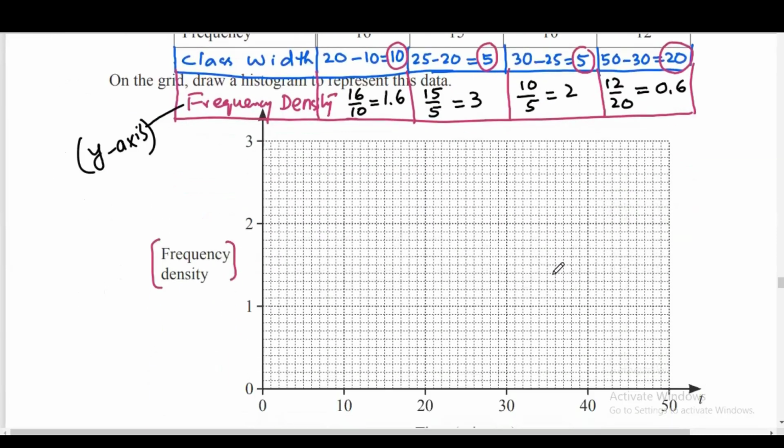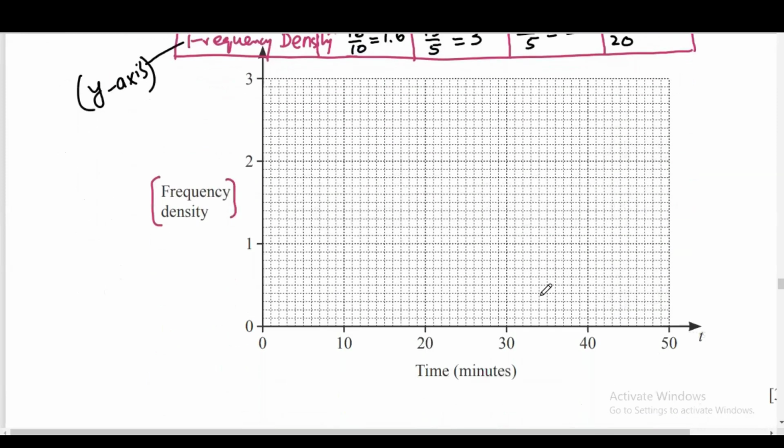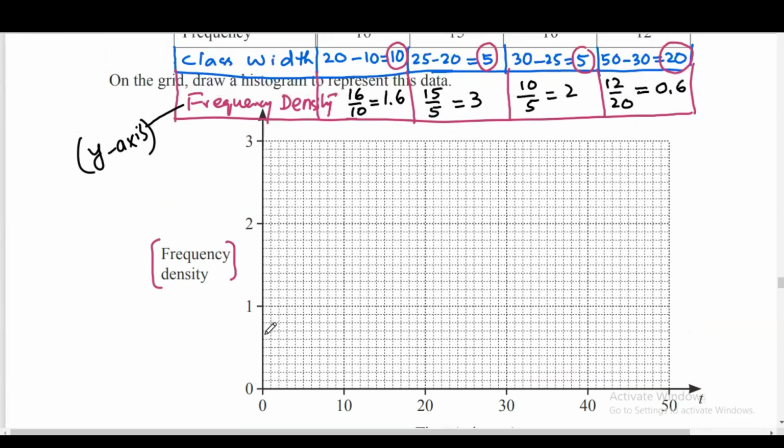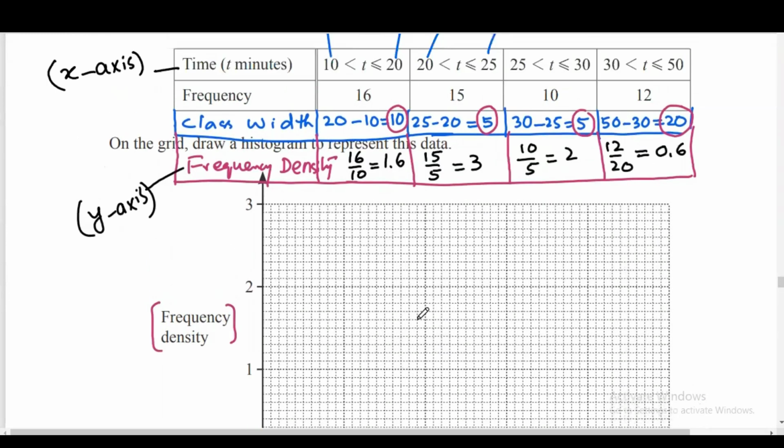Now, on the grid, times are given 10, 20, 30, 40, and 50, and frequency densities are given as 1, 2, 3. So for the data 10 till 20, the frequency density is 1.6, and we have to plot frequency density on the y-axis and 10 till 20 on the x-axis.